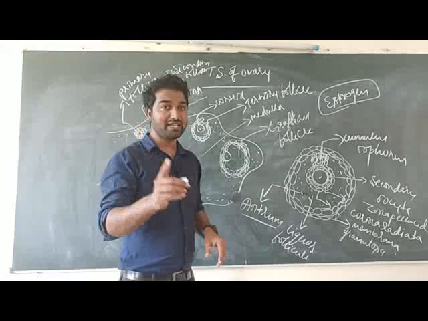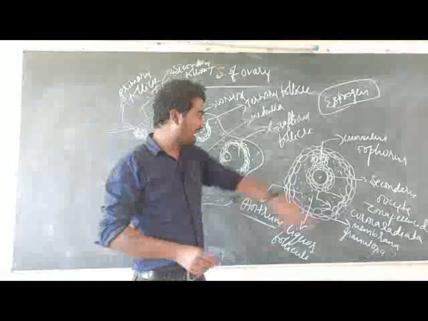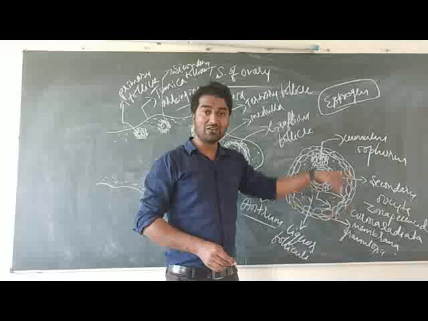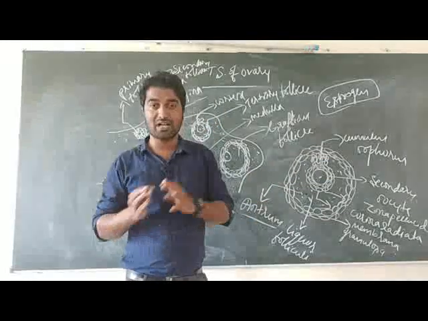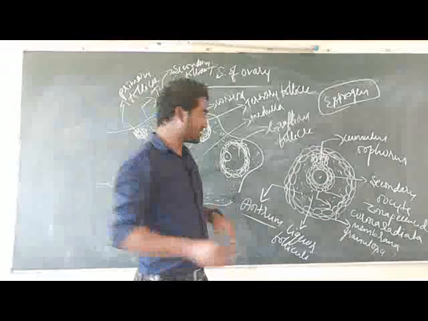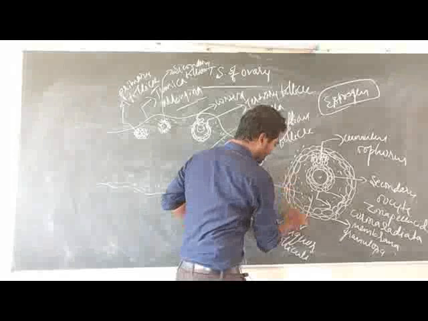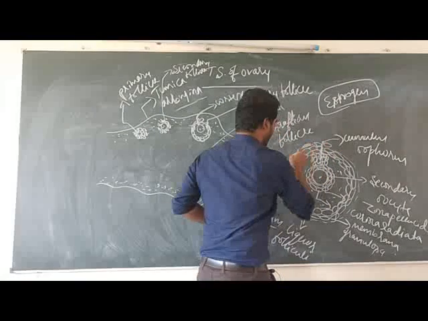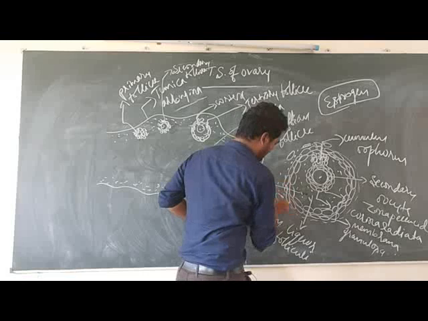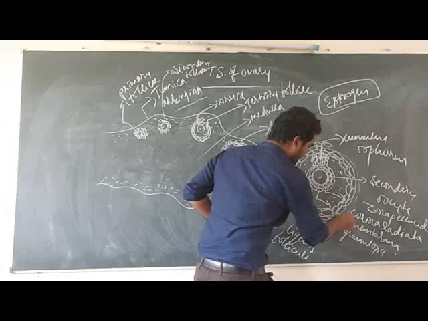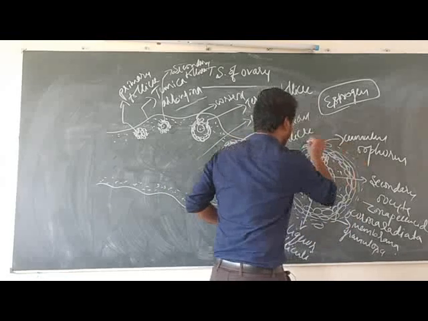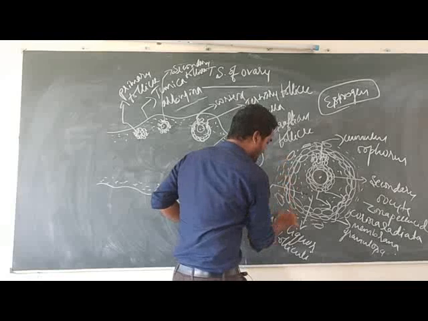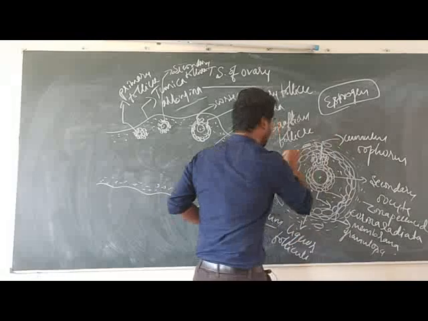And for your NEET exam, another two layers are present around the membrana granulosa layer: one is tunica interna and the other is tunica externa. These loosely connected layers are known as tunica interna.